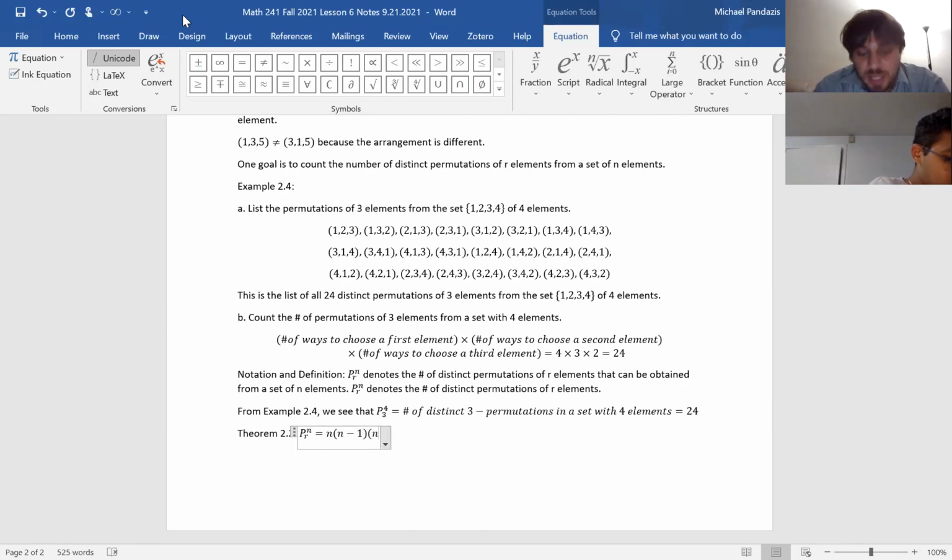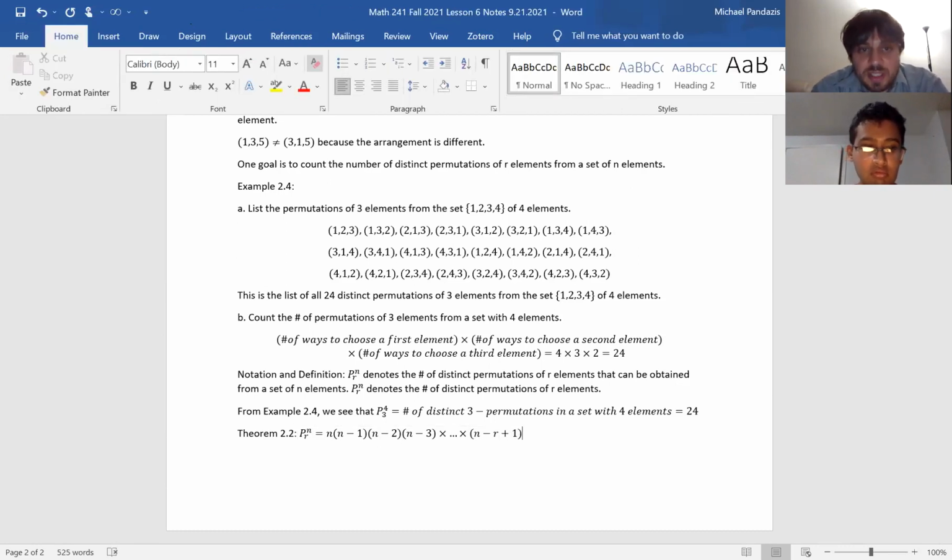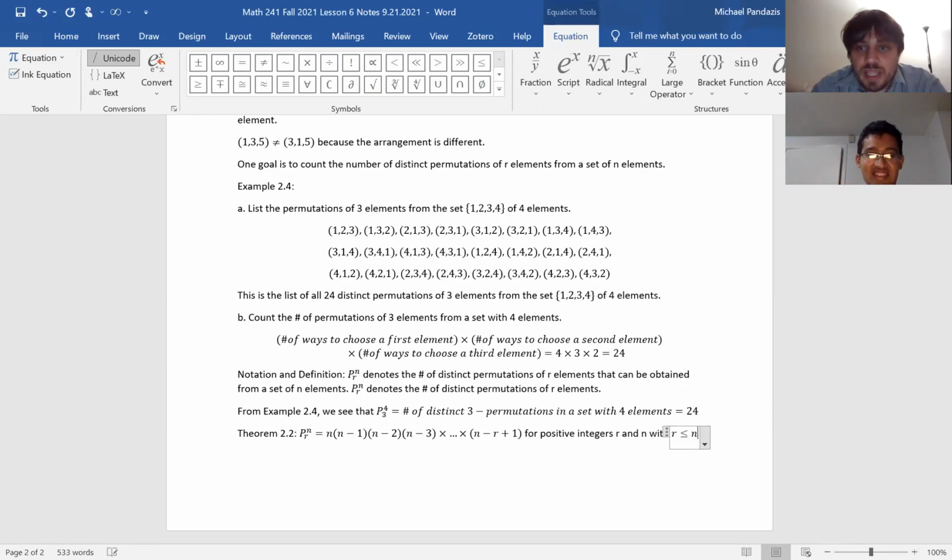So P(r, n) is equal to n times n minus 1 times n minus 2 times n minus 3 times ... times n minus r plus 1. This is for positive integers r and n, with r less than or equal to n.